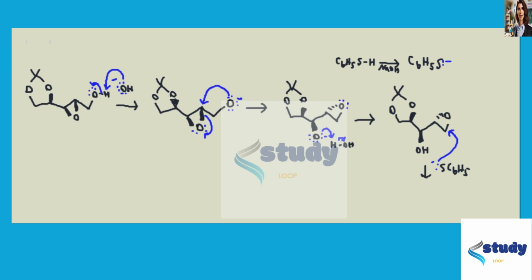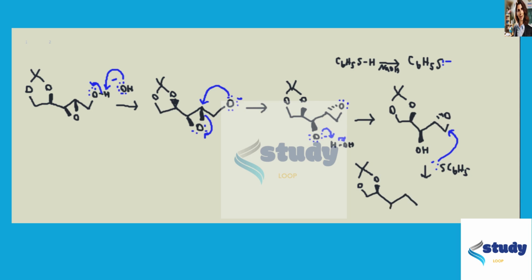Because there's sodium hydroxide floating around, this is going to be considered basic conditions. Under basic conditions, a nucleophile is going to attack the less substituted side of an epoxide, just as I've drawn here.